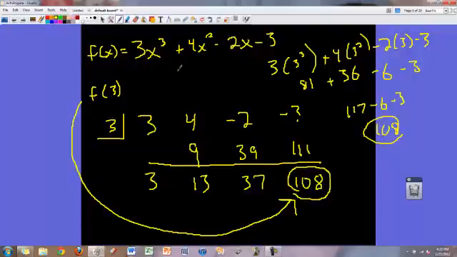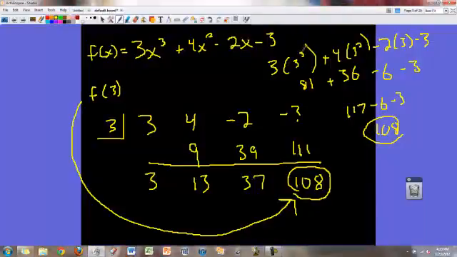So it's a little fast, fun way to plug in a value into an equation or polynomial function, whatever, and find the value at a specific point. And you do have the option of doing this and plugging things in. Yes, that's still a viable option. Or you can do synthetic substitution, which is also known as synthetic division. Just shh, don't tell them that.